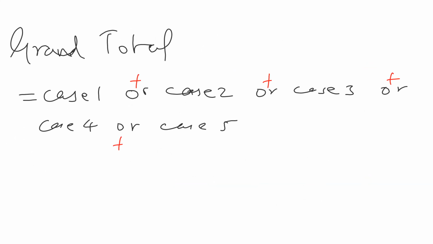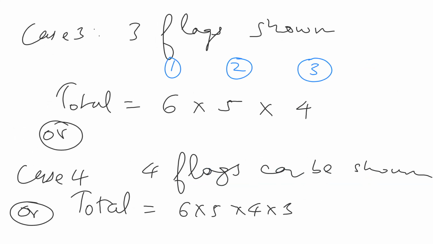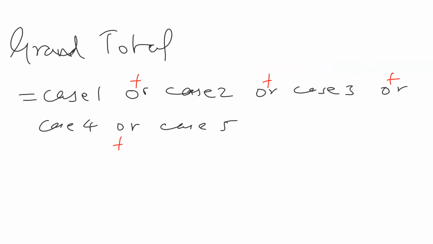The answer for case 1 is 6 signals. The answer for case 2 is 30 signals, sorry, not flags. For case 3, case 4, case 5 and case 6, you can multiply this. And finally you can add all the cases.